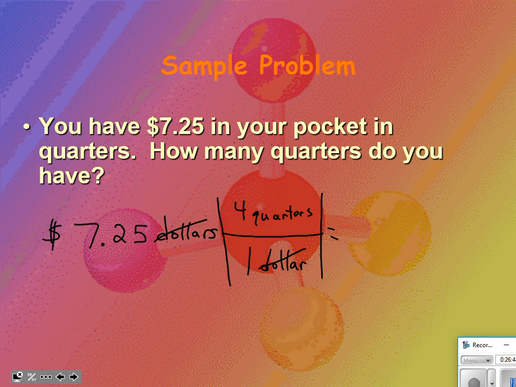So if I take 2.75, I'm going to multiply it by 4, and when I do so, I get 29, and what's my label going to be? Quarters. 29 quarters.